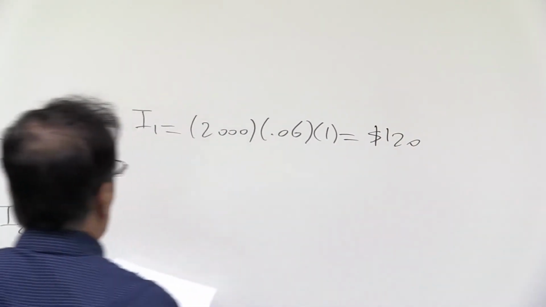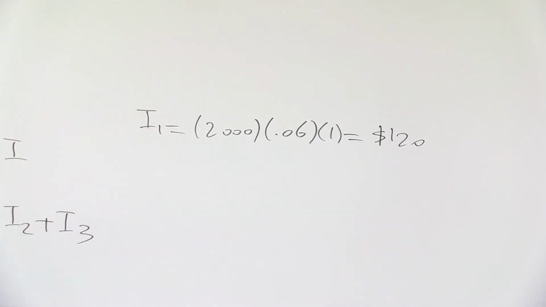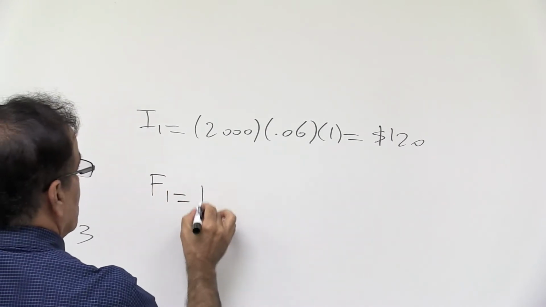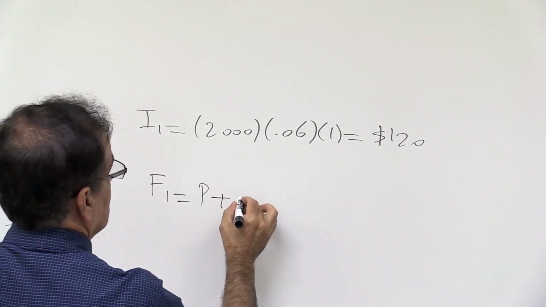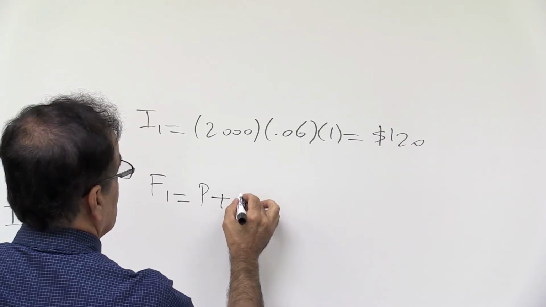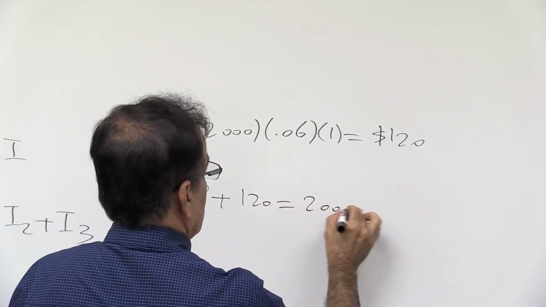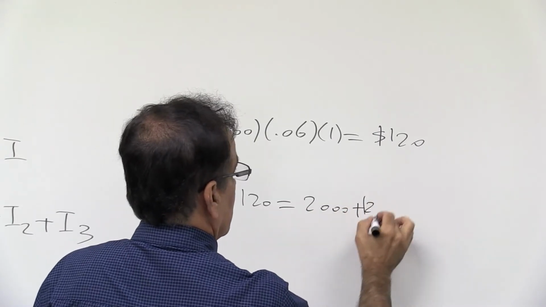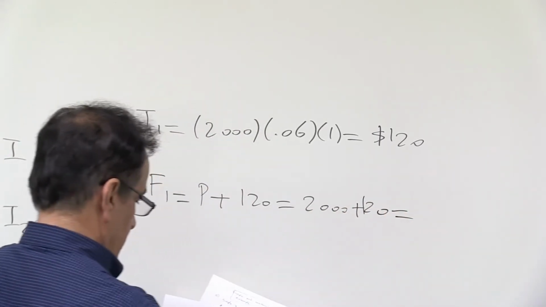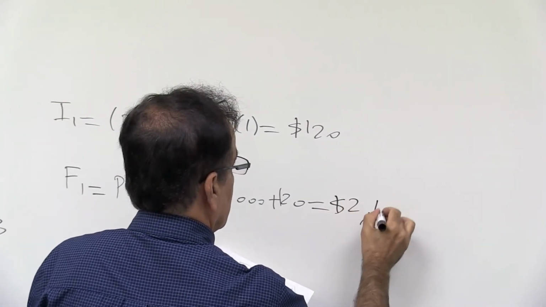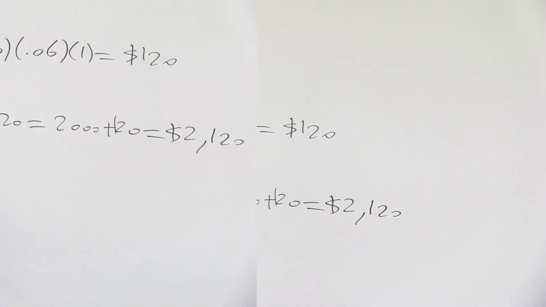That is $120. Now, in order to find the interest for the second period, you have to find the future value at the end of the first period. This is going to be the principal plus the interest for the first period, which is $120. It's 2,000 plus 120, and it's going to be equal to $2,120.